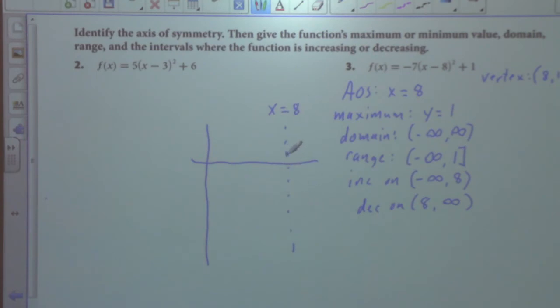So we have (8, 1), and the thing is going to look something like this, right? And we see everything is in place. Okay, good. I want you to go work on number 4. I will choose somebody else randomly on number 4, okay?